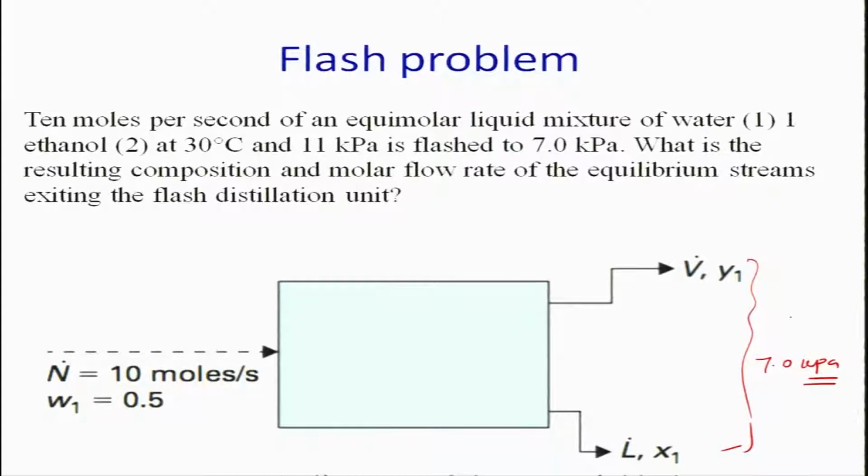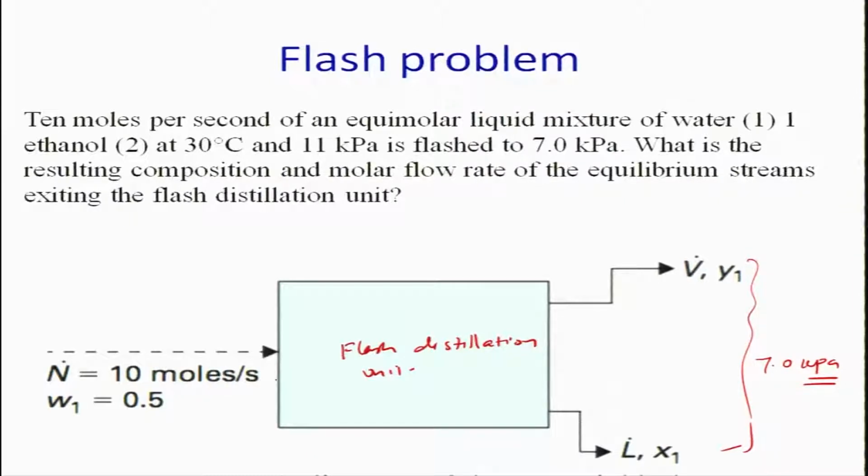The question is, what is the resulting composition and molar flow rate of the equilibrium streams exiting the flash distillation unit, which is this one? In reality it is not a simple box, there are many things in between. I am not going into details of the equipment structure, but our interest is to understand how to solve such a problem, and there is nothing given here.